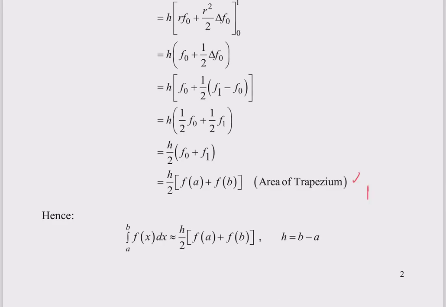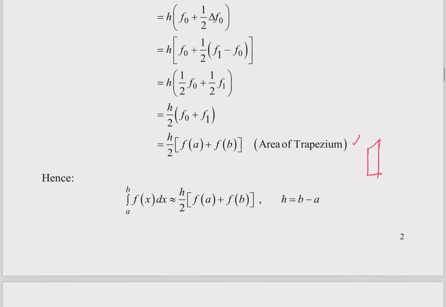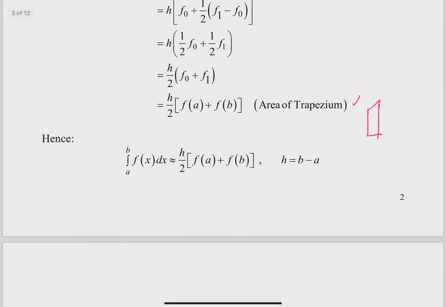So basically the trapezium is something like this, the shape is like that. Okay, so this is one way to show how to solve the area, or trapezoidal rule, by using Newton forward.